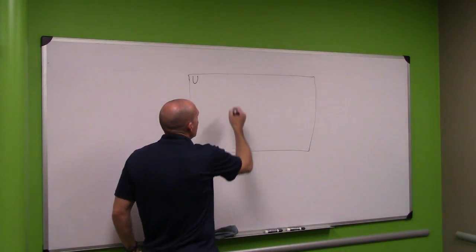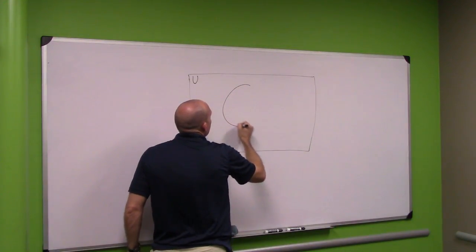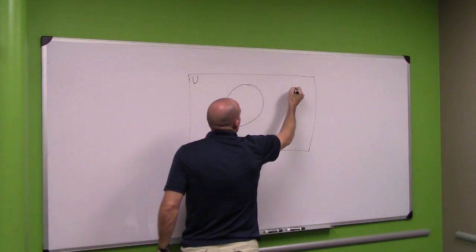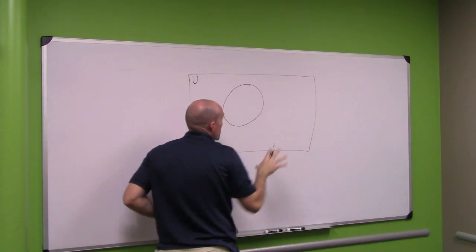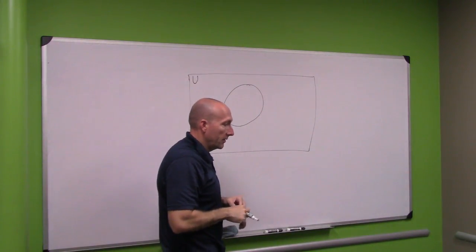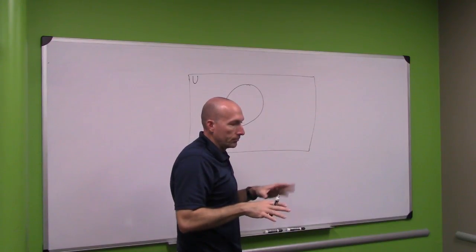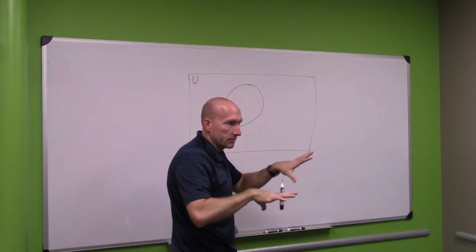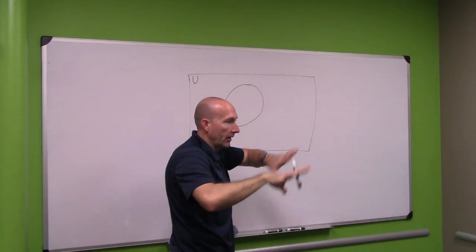Okay? Then you're going to have two circles. Now, the circles can be anywhere on this. Think of them like two plates or discs that you're moving around.